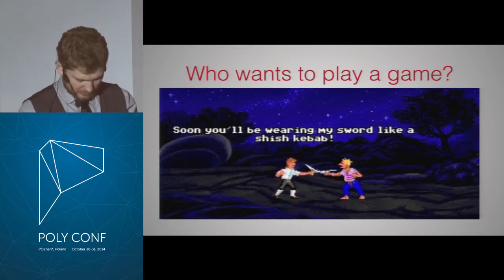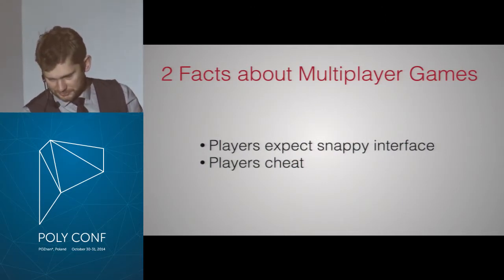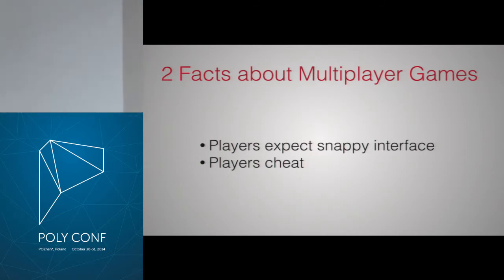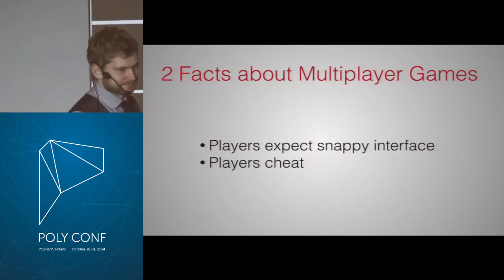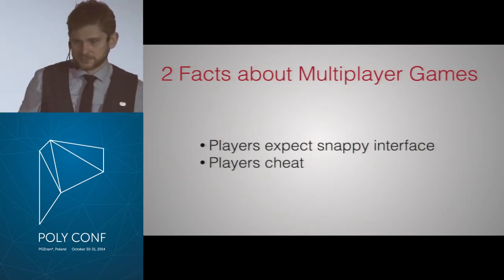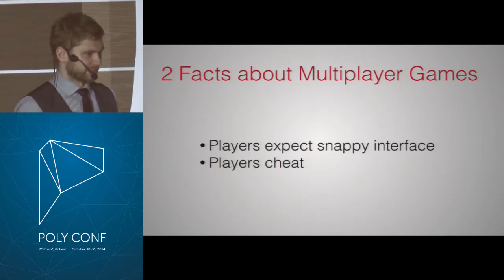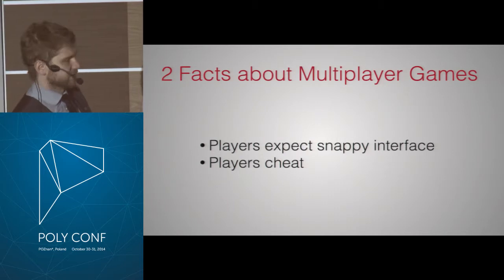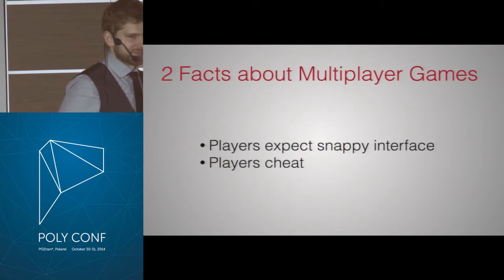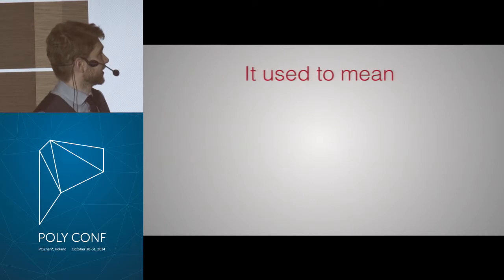When we have multiplayer games, traditionally, there are two facts: players expect a snappy interface. This is one fact. And the other is that players cheat. So when we have a game like tic-tac-toe, we usually need to implement logic both on the client side to have the snappy interface and on the server side, so we can validate every move and make sure that the game is fair for every player.